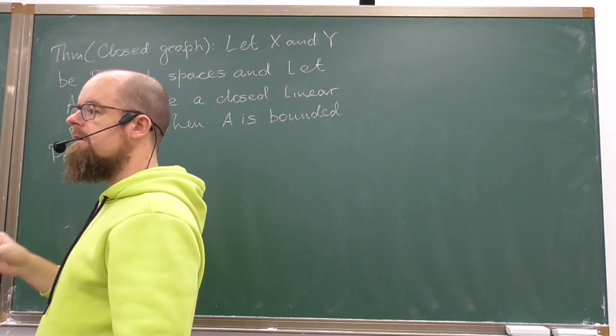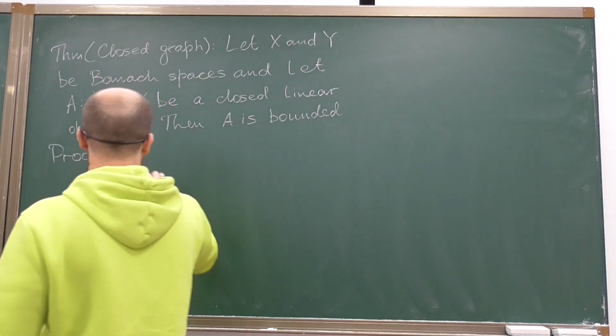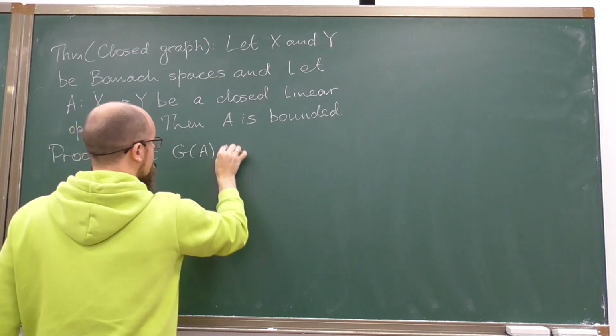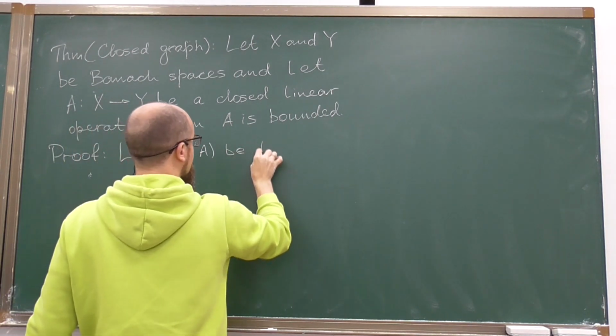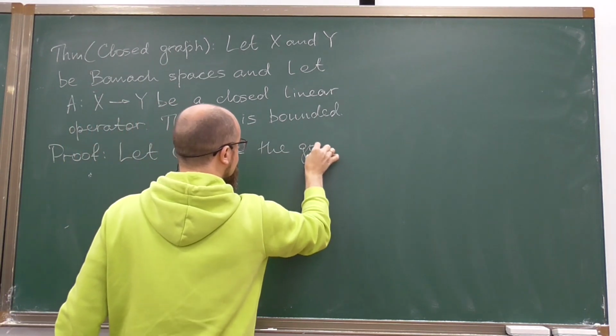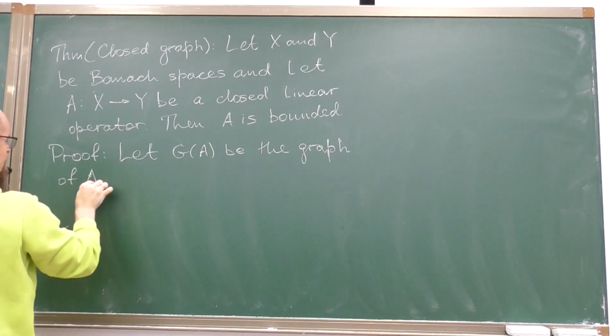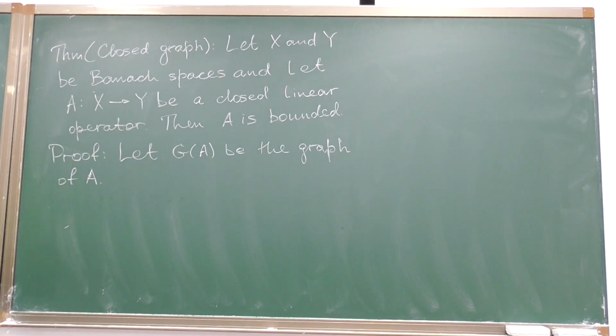Let us consider the graph of this operator. Since A is linear, and X is linear as well, the graph is a linear subset of X times Y. Also, since A is closed, G of A is closed.